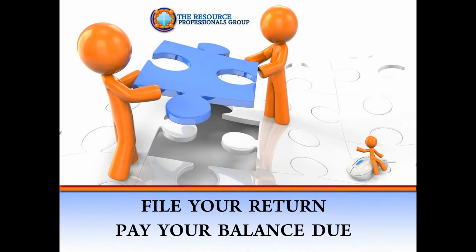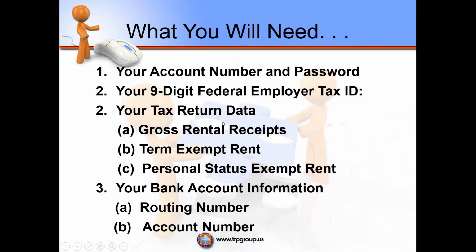Before you get started, you'll need to have the following available. You'll need your account number and password to log in. For more on this, please see the video entitled How to Log In, Change Your Password, and Get Help. Plus, you'll need the 9-digit Federal Employer Tax ID belonging to the owner of your lodging establishment.